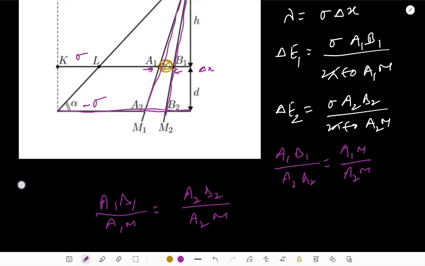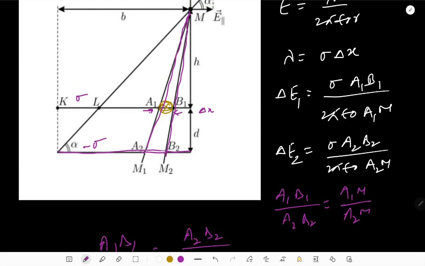That means this pair of two long wires will create a net electric field equal to 0 at point M. What I'm trying to tell you is that the fields of these strips mutually compensate each other, and this reasoning is valid for all pairs of strips cut out by the planes.